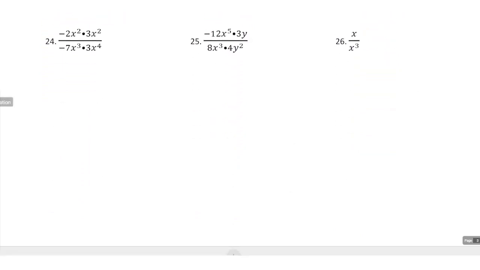Number 24, I'll start by regrouping here. Negative 2 times 3 times x squared times x squared all over negative 7 times 3 times, what is that, x cubed times x to the 4th.